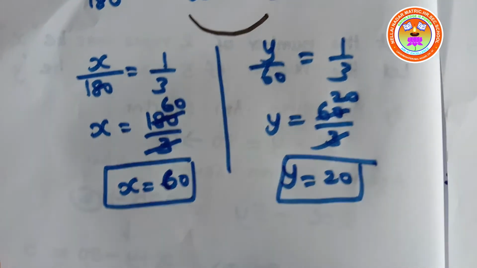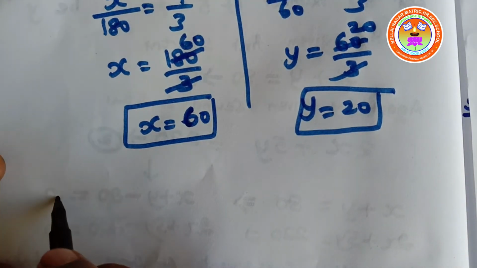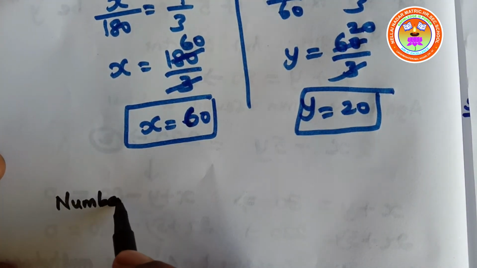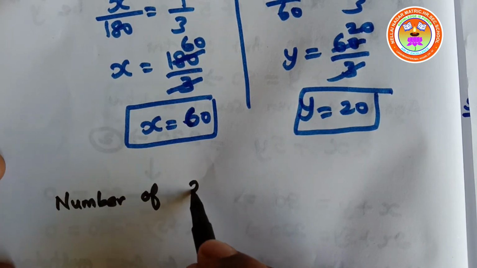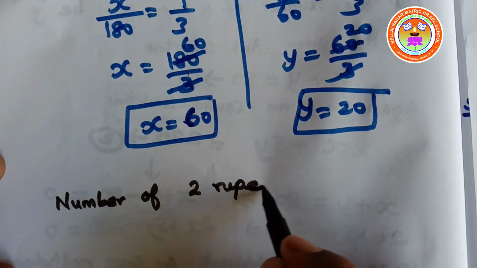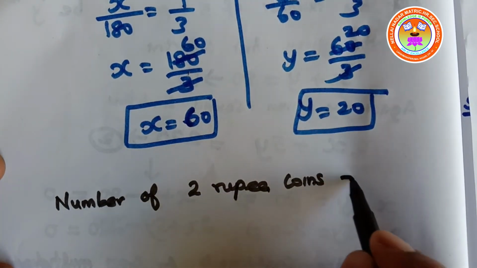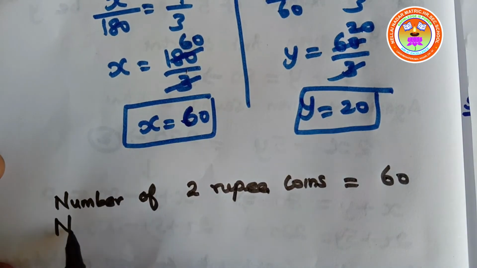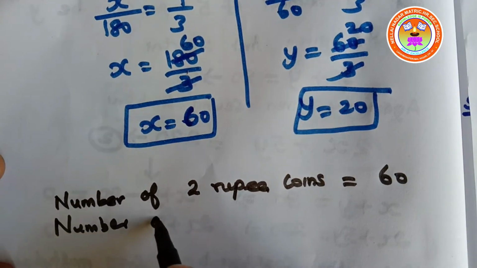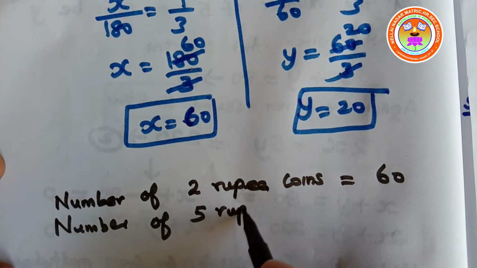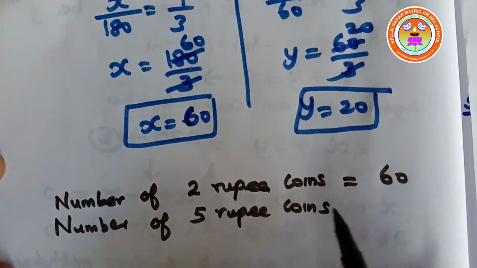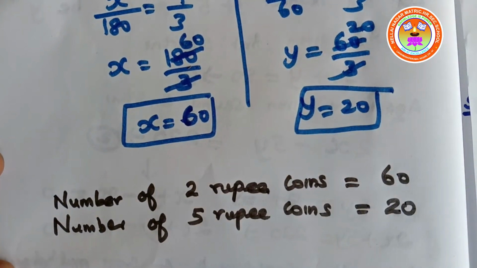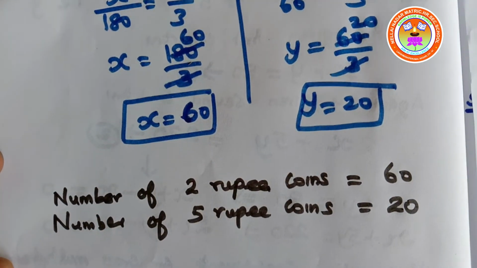So the result: number of 2 rupee coins is equal to 60. Number of 5 rupee coins is equal to 20. It's clear, children?